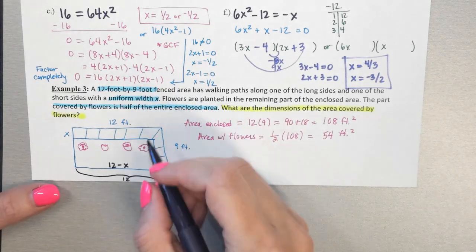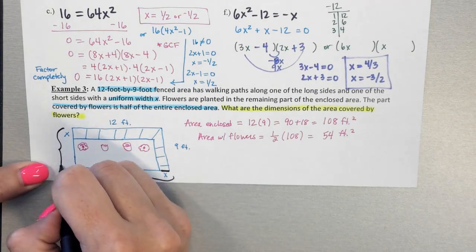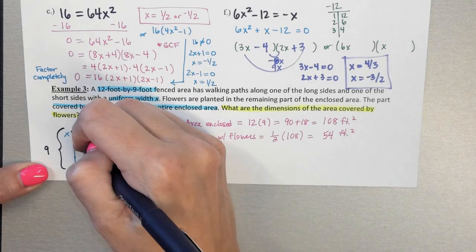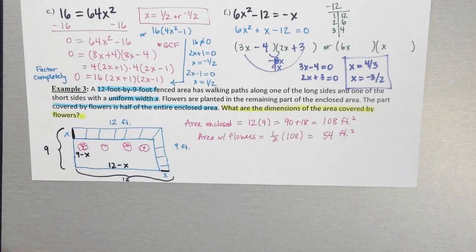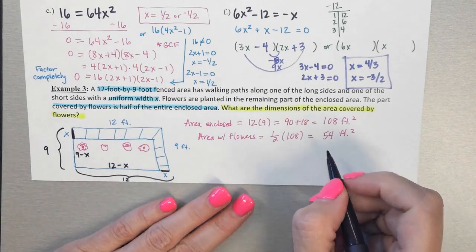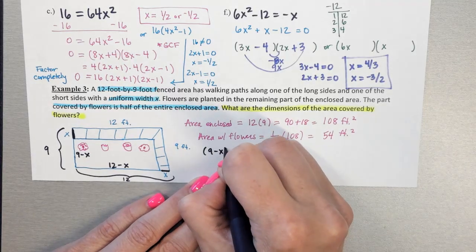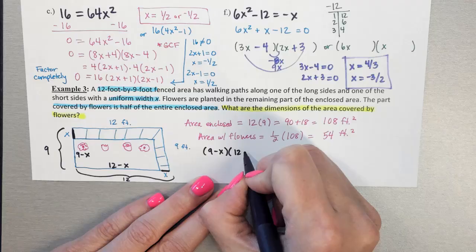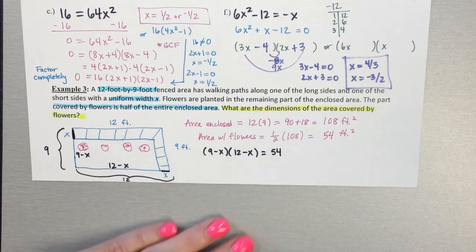And then here, this whole side was 9, but again, you can see there's that little spot X here. So we can represent this as 9 minus X. So now we know the area of the flowers, 9 minus X times 12 minus X, length times width, is going to equal 54.